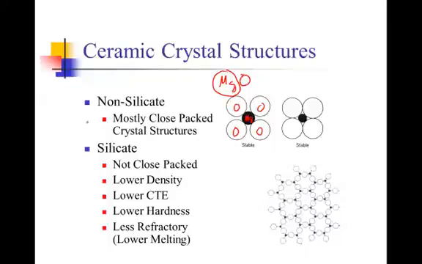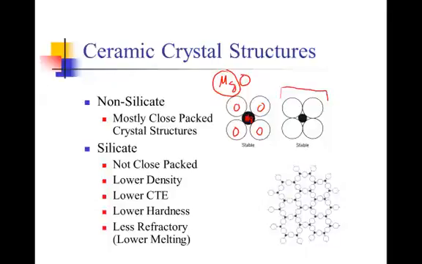And we learned before about metals that they tend to form close pack structures. Well, non-silicate ceramics form almost close pack structures. You'll notice that this example on the right of a ceramic material looks a lot like an interstitial solid solution from metals.